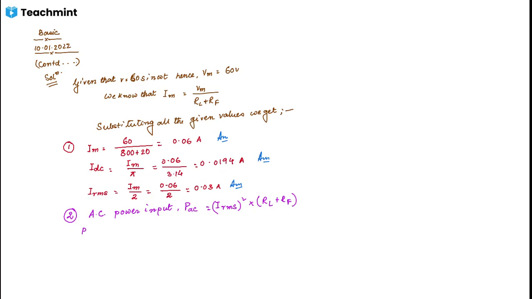So putting all the values, P of AC equals 30.5 into 10 to the power minus 3, whole square, into 820.